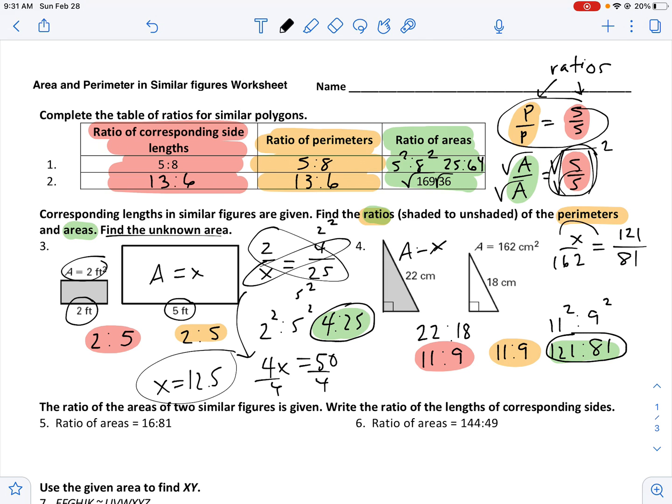All right, well, cross multiply. 81x equals 162 times 121, 19,602. So divide by 81, and you're going to get that the area is 242.